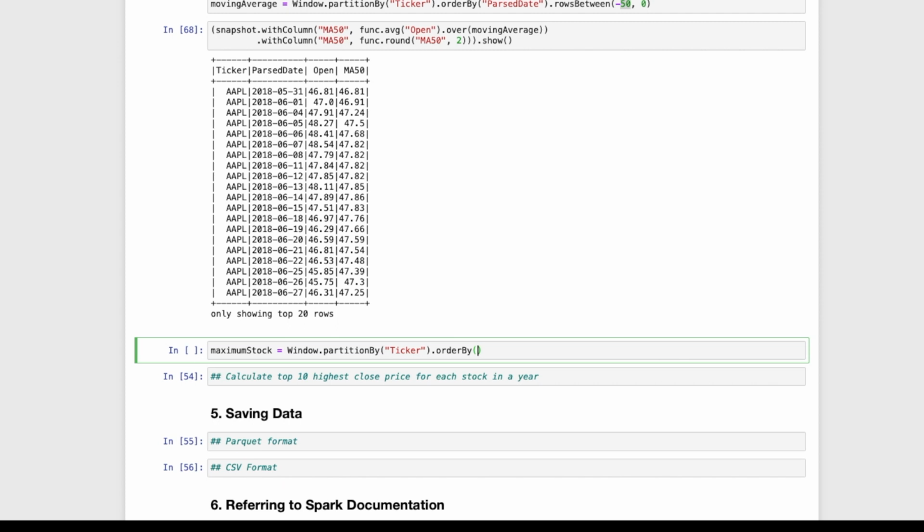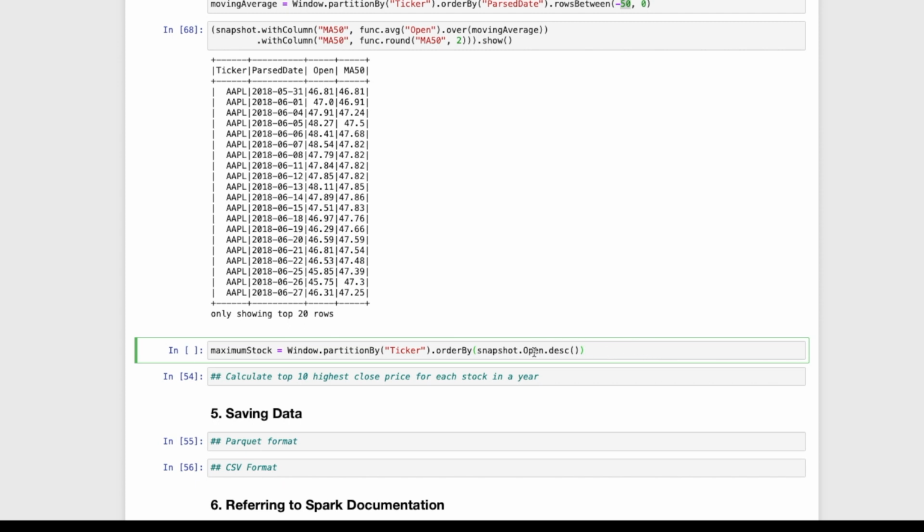So the way that we're going to do that is I want to do the partition by ticker and then order by the snapshot.open column. But this time you want to order in descending order, right? We don't want to order in ascending order. We want to do it in descending order.